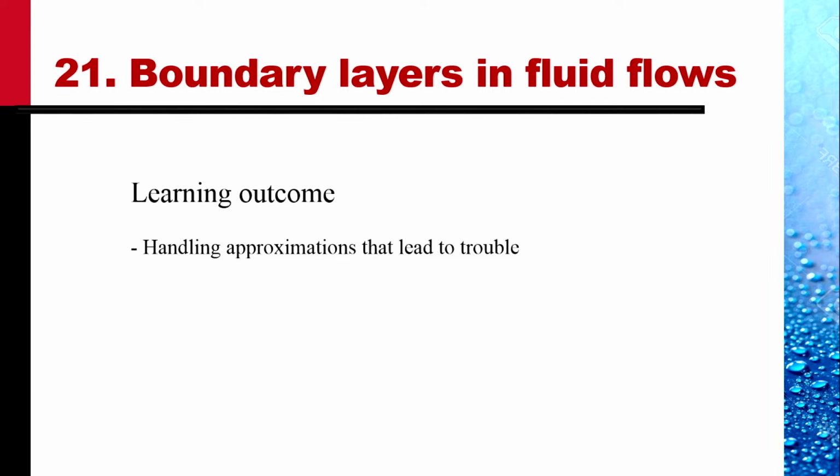This approach has been taken from the approach that was introduced by Prandtl when we introduced the concept of boundary layers. So we will see how the concept of boundary layer evolved.